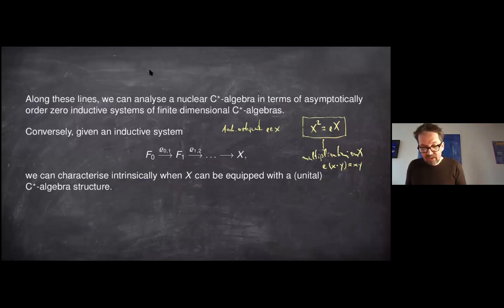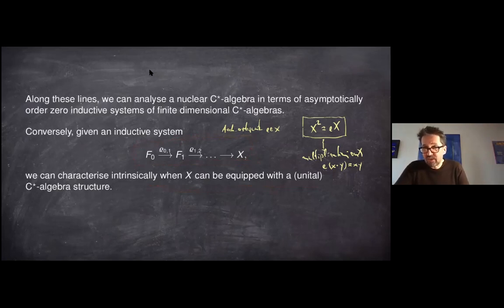This way we can, as I said, characterize whether this system here defines a C-star algebra, and of course we should also be able to characterize whether the C-star algebra is nuclear, or it should simply be nuclear, period.